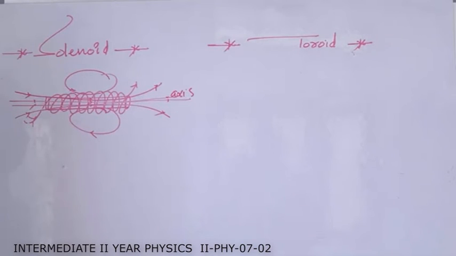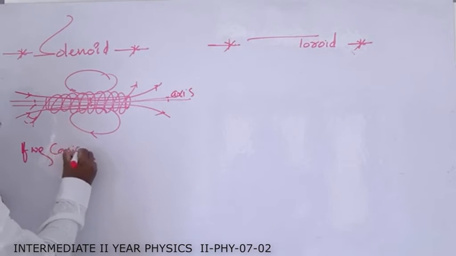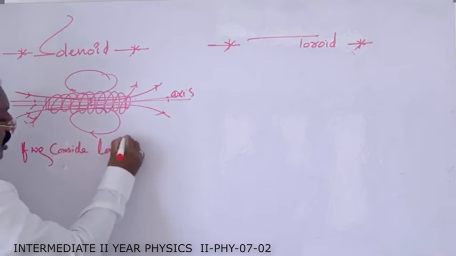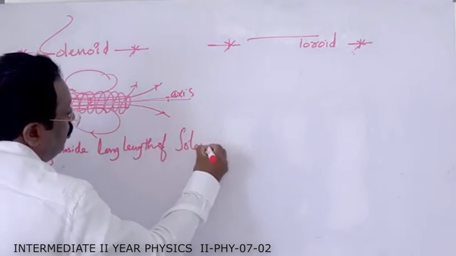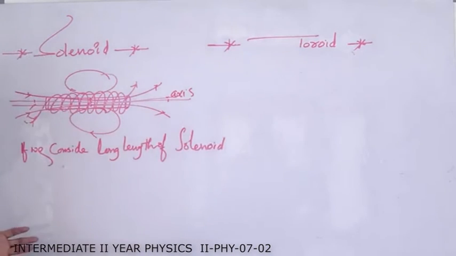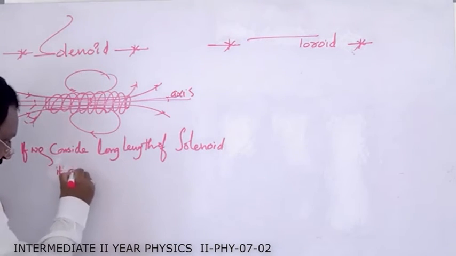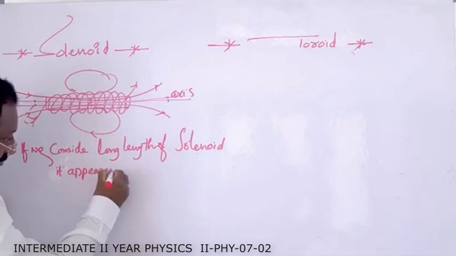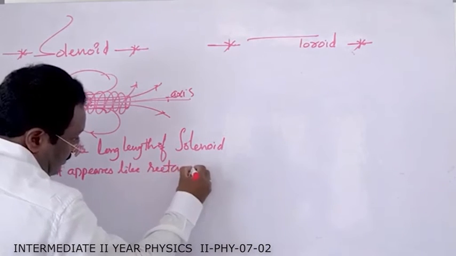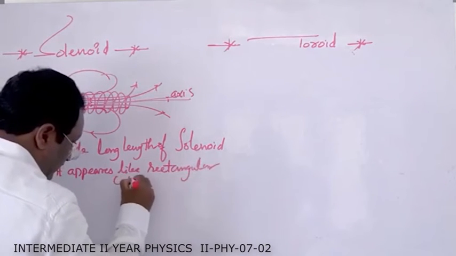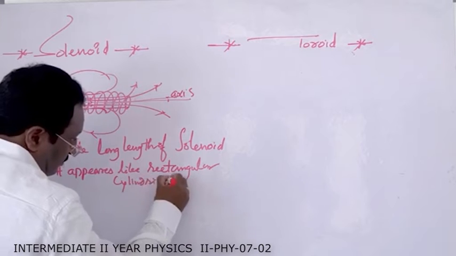For example, if we consider a long length of solenoid, it appears like a rectangular cylindrical metal plate.